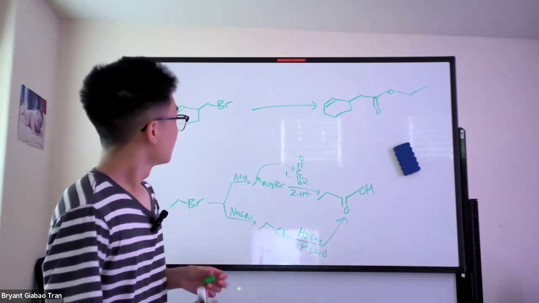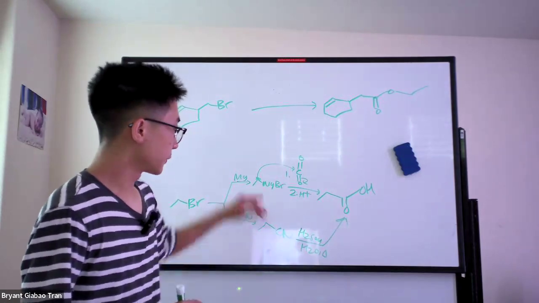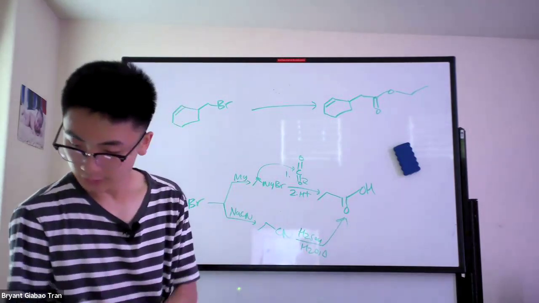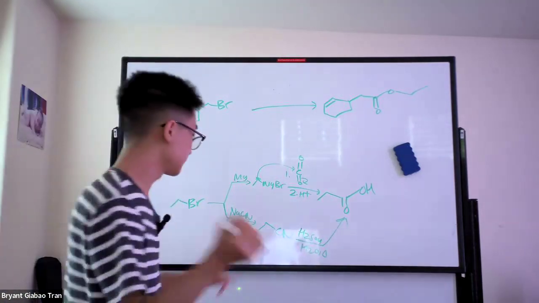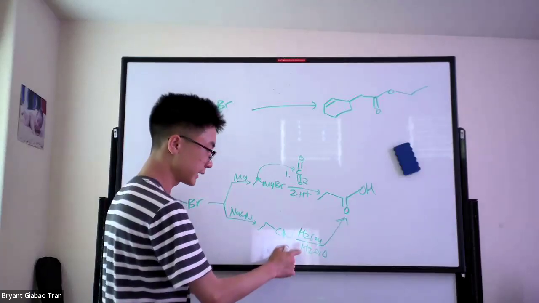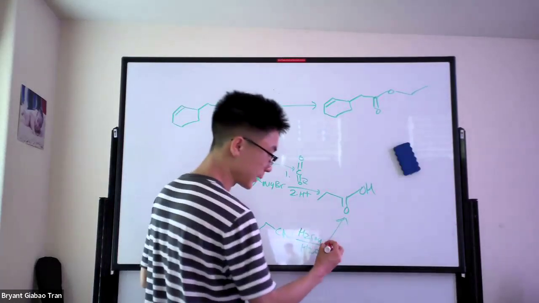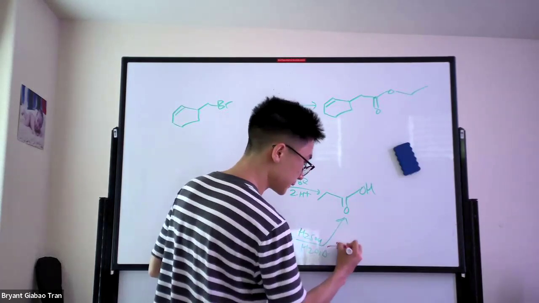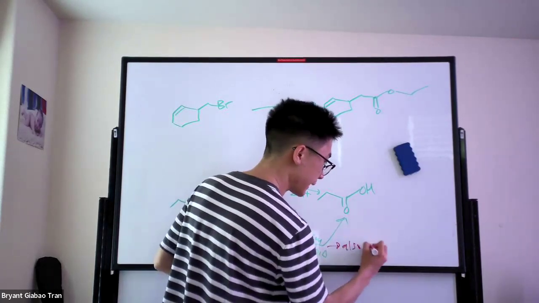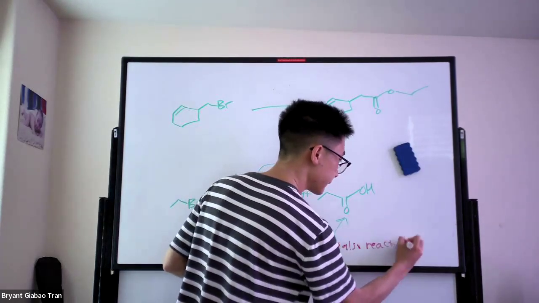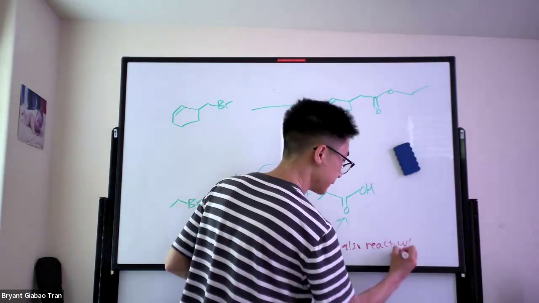Right. But there are limitations for both cases. For the nitrile case, since we're using acid, water, and heat, this will also react with alkene. And SN2 will only perform with primary or secondary substrates.